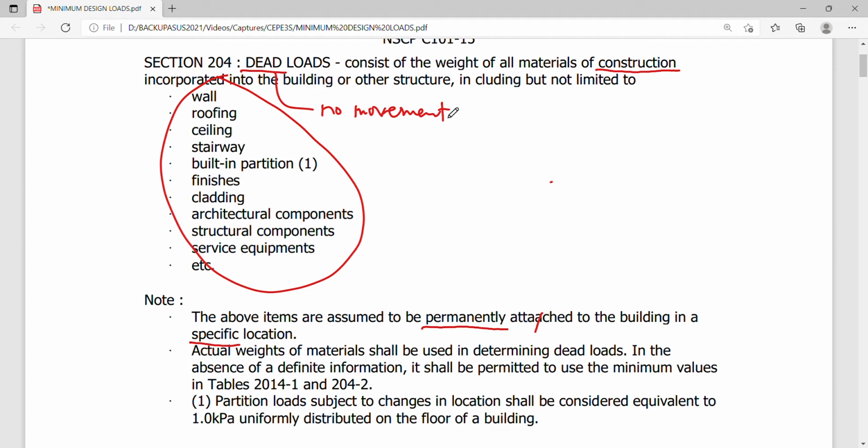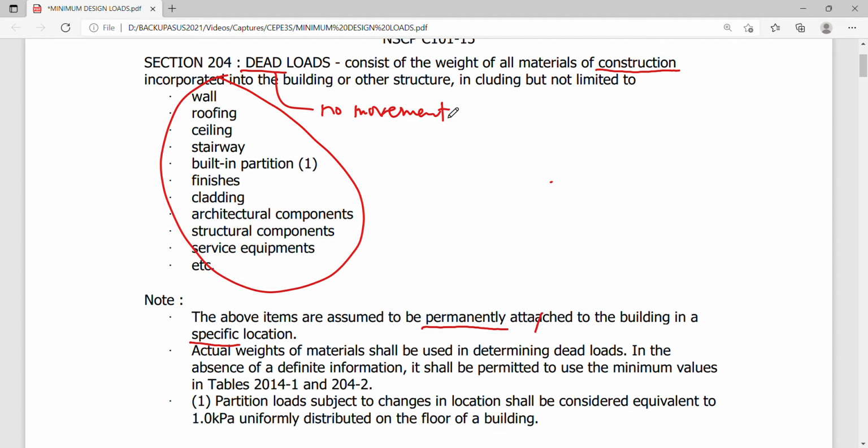Okay, so that's the definition of being permanently attached. So this is a technical definition to make the dead loads different from live loads.